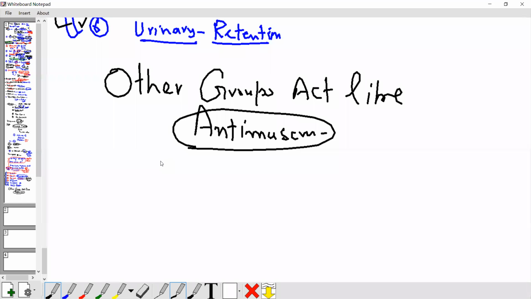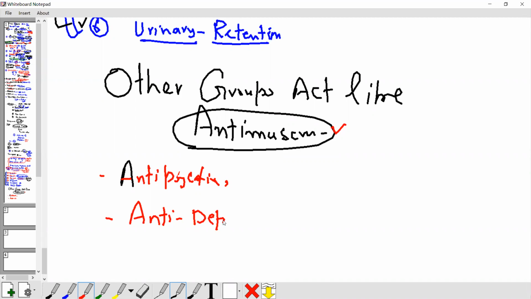Clear? So if any drug has all these side effects, first one, antipsychotic. Antipsychotic, antidepressant. They have the same side effects as this.